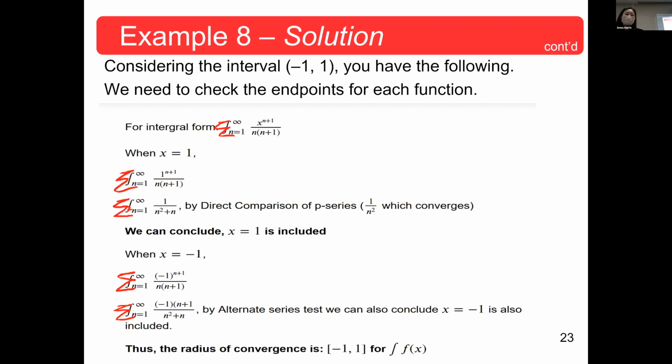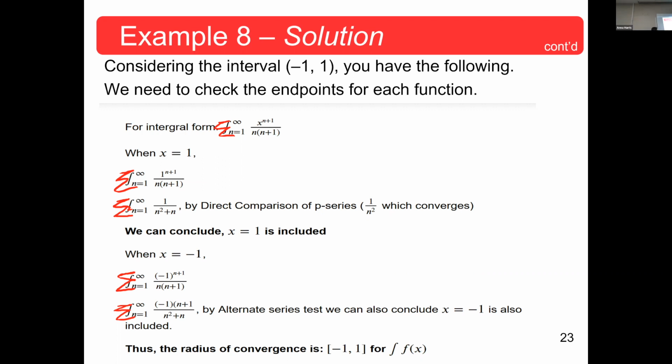Okay, sum. So the first thing you have to do is plug in 1 as x. So I'm plugging in x as what? 1. 1 to any power is what? 1. So I can simply write down 1. So 1 over n squared plus n. Does everybody see it? n times n is n squared. n times 1 is n. So this one you can do a direct comparison.